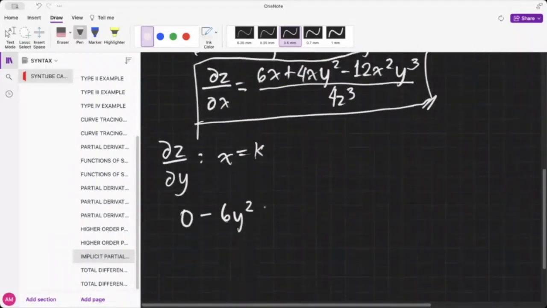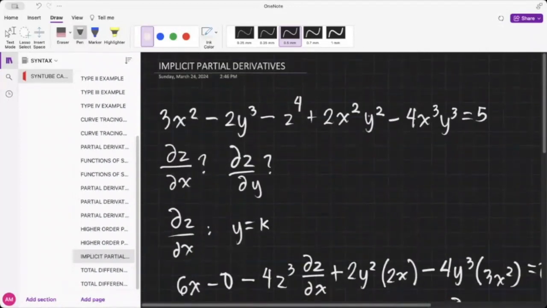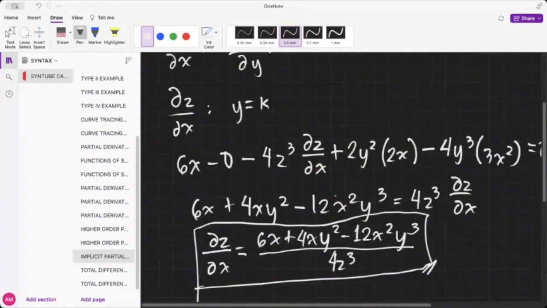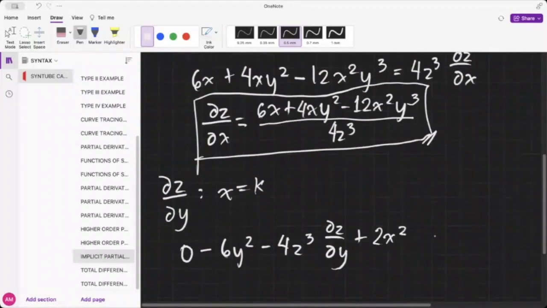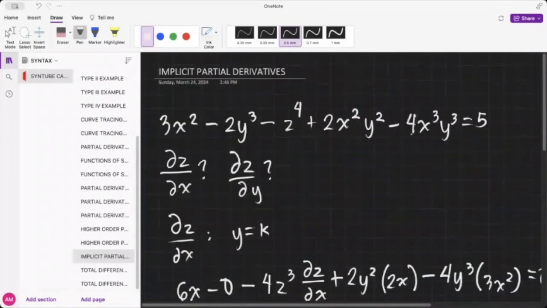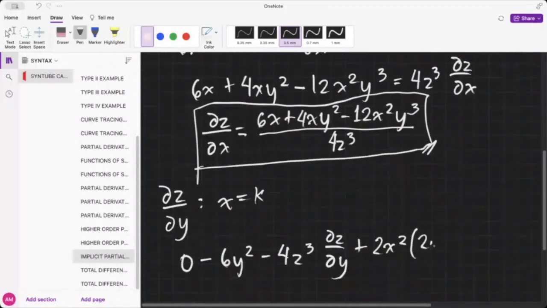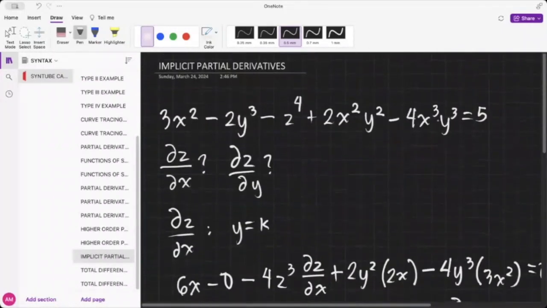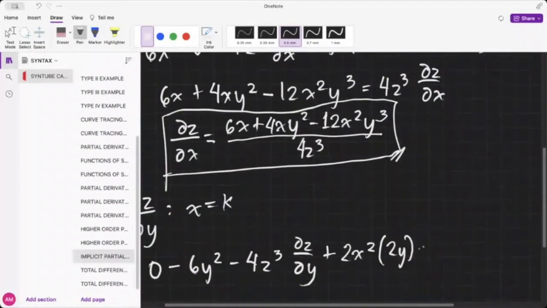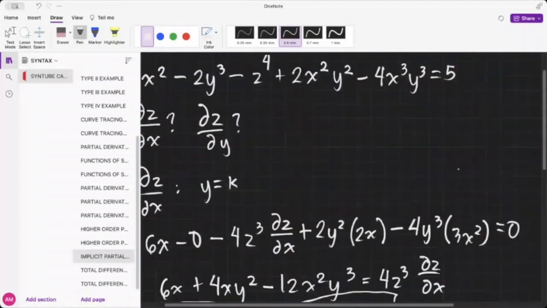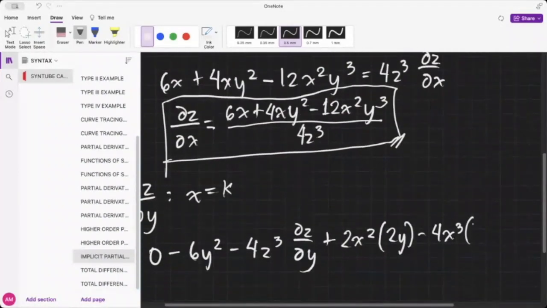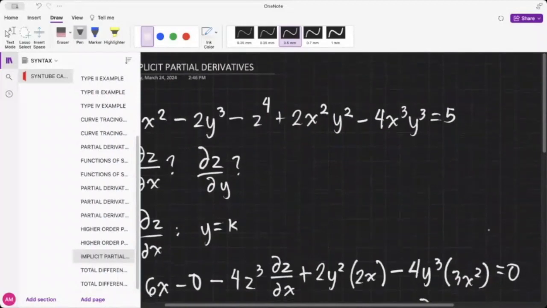It's actually the same: minus 4z cubed dz over dy plus, here, what's your constant? So, 2x squared times the derivative of y squared, which is just 2y. Okay? Here, your constant is negative 4x cubed times the derivative of y cubed, which is 3y squared, equal to 0.